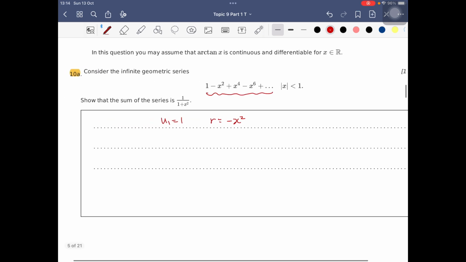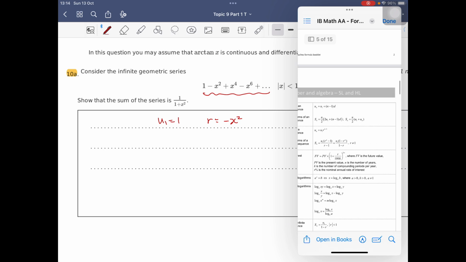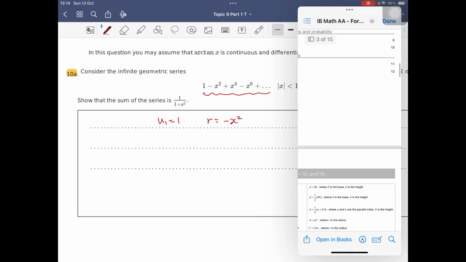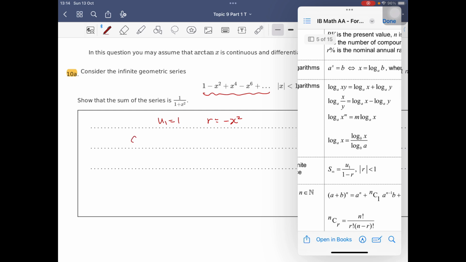So when we see the formula for the infinite sum of a geometric series here, we have u1 over 1 minus r. So this becomes 1 over 1 plus x squared.